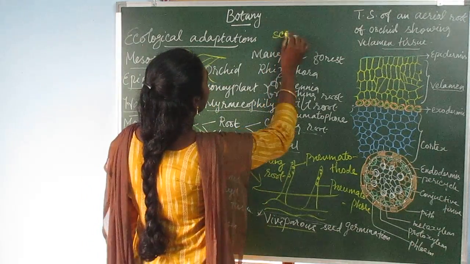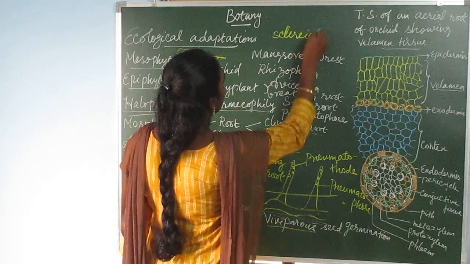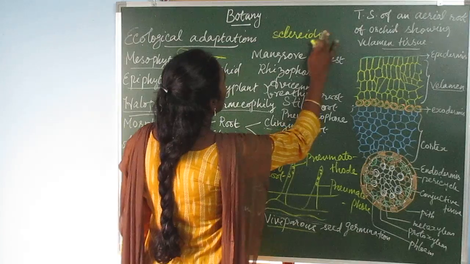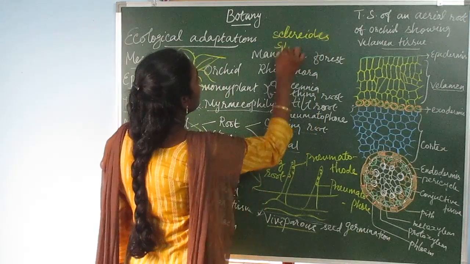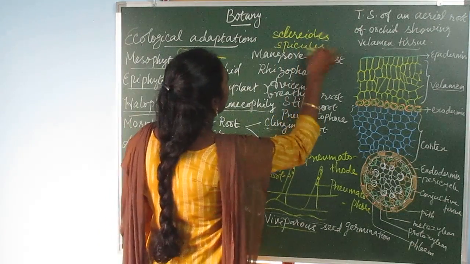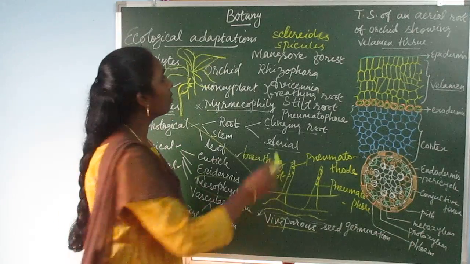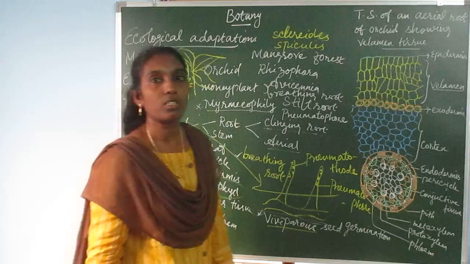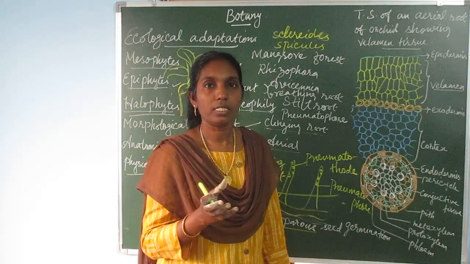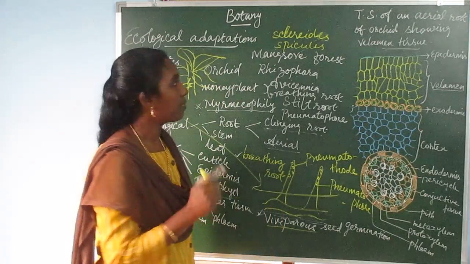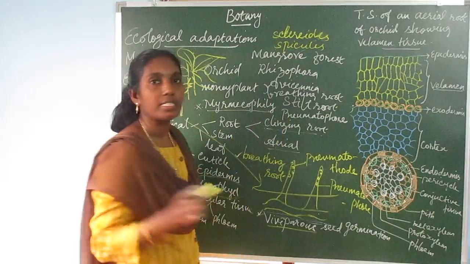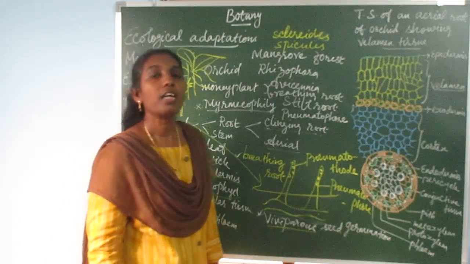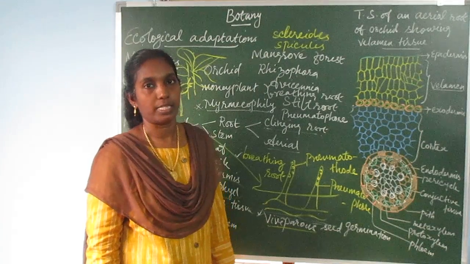Sclereids and spicules are the two points to mention under anatomical adaptations. The sclereids are otherwise called stone cells; they are star-shaped, and the spicules are head-shaped.